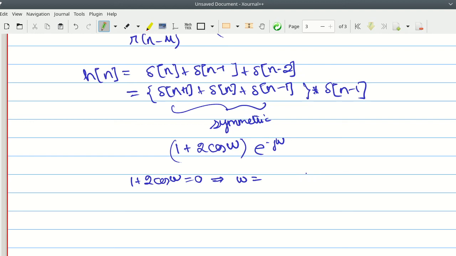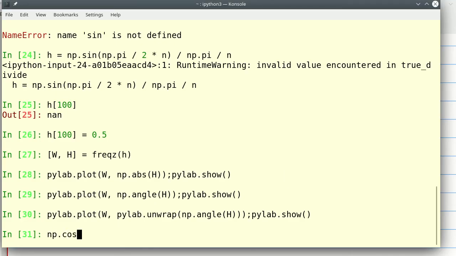Now, when does cos go to minus half? That is very easy. Cos goes to minus half at 2 pi by 3, 4 pi by 3.